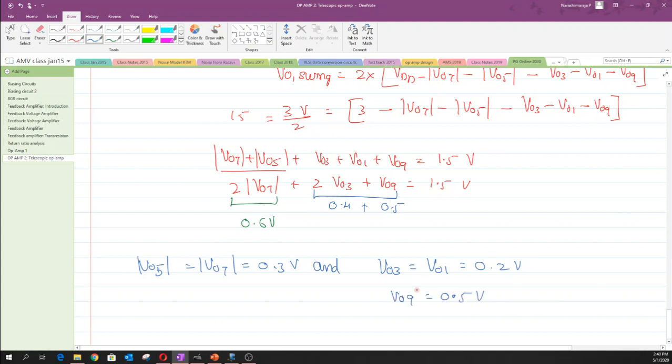Okay, so now in step number 2 we have evaluated all the VOVs based on different circuit conditions. We have got the values of VOVs, right?